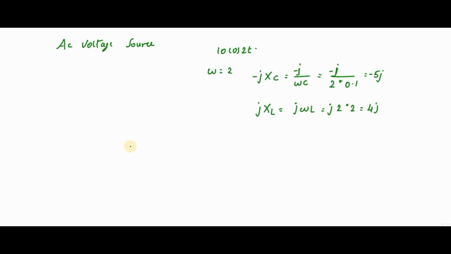I can draw this as 4j, the current source is open circuited, and this is 1 ohm.